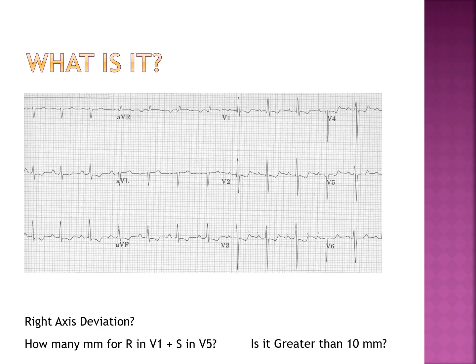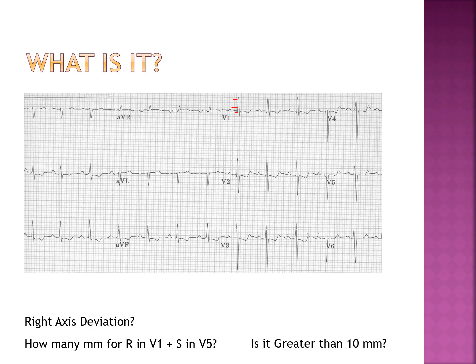So let's look at V1 and let's see if we can count them up here. Let me get my pen out. So we're looking at the R wave. So we have, let's see, this would be a big block right there. And then the next big block is here. So we have 5, 6, 7, 8, 9, we could say. 9 boxes there.